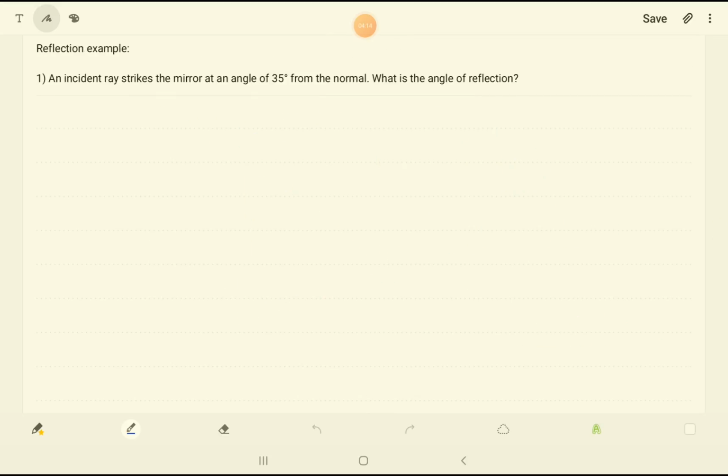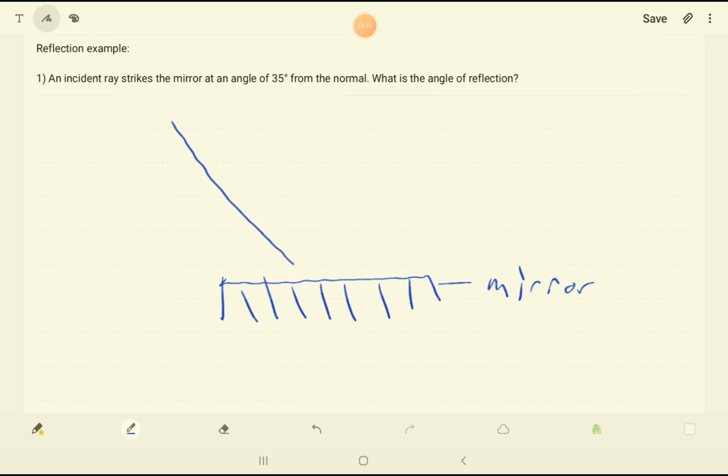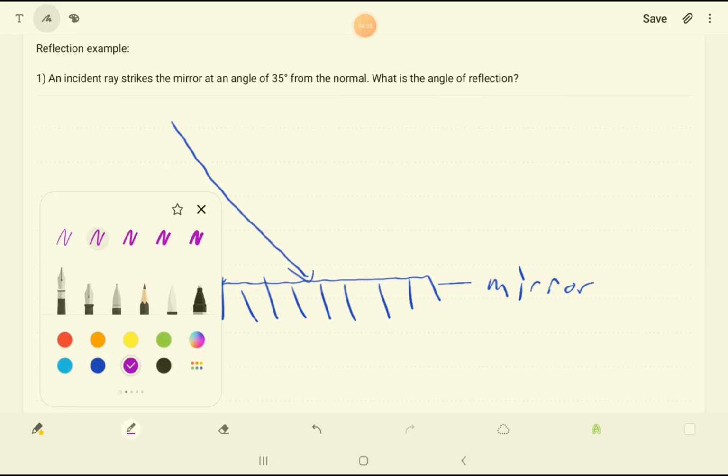So our first example reads, an incident ray strikes a mirror at an angle of 35 degrees from the normal. What is the angle of reflection? So if we draw this scenario out here, here is your mirror, and your incident ray, which comes from the source, is going to strike 35 degrees from the normal.